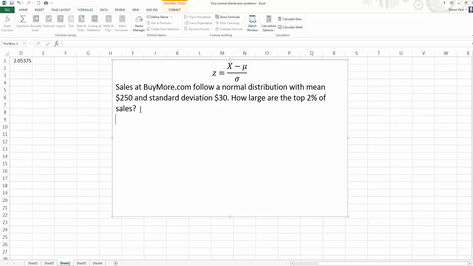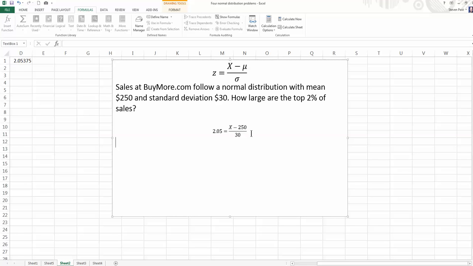So now we get an equation we can solve. Here's the z-score formula, but if you're in the top 2%, z is 2.05. So we get the equation 2.05 equals x, that's what we don't know, minus the mean, 250, divided by the standard deviation of 30.